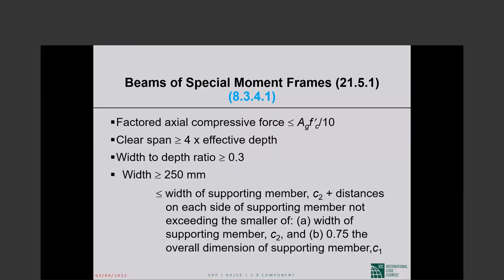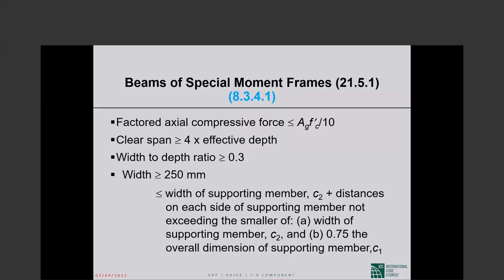Okay, and then when we had to figure out what to do with intermediate moment frames, the logical thing is to keep the punching shear low, keep it below 40% of what concrete can carry. But then there was an outcry. I mean, we cannot build them. This is prohibitive.